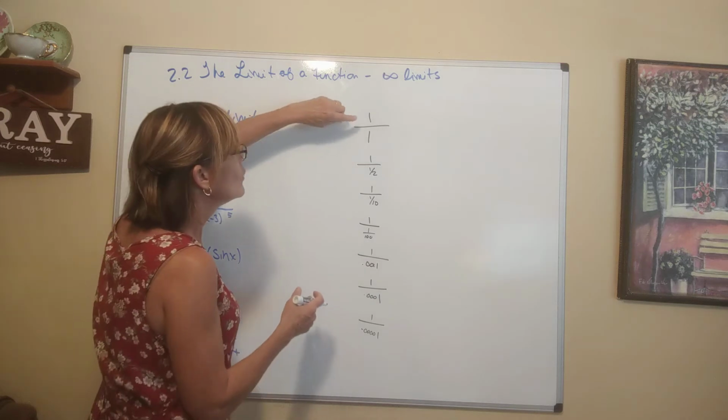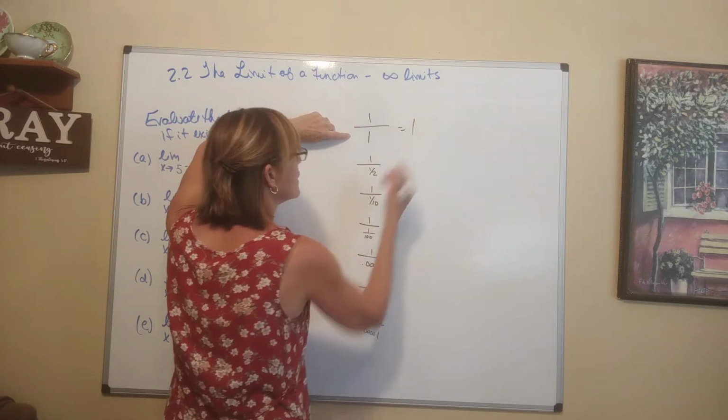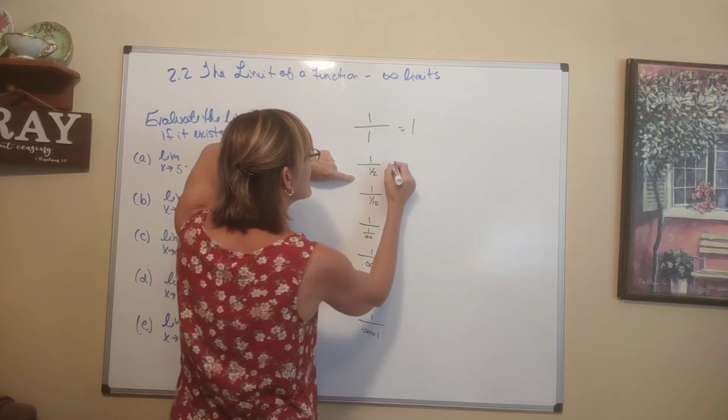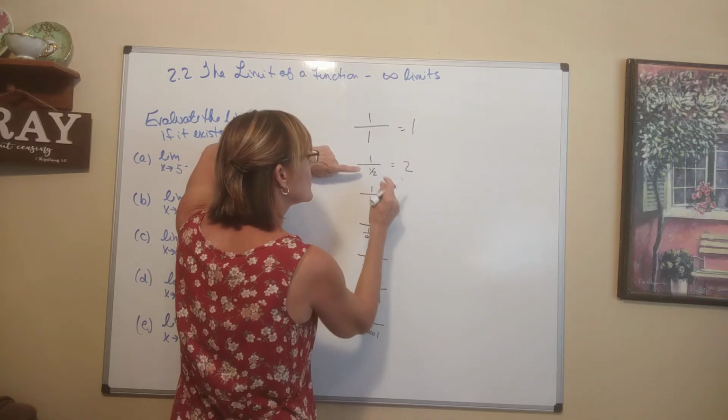Let's pick up on a pattern. 1 divided by 1 is the number 1. 1 divided by 1/2 is 2.